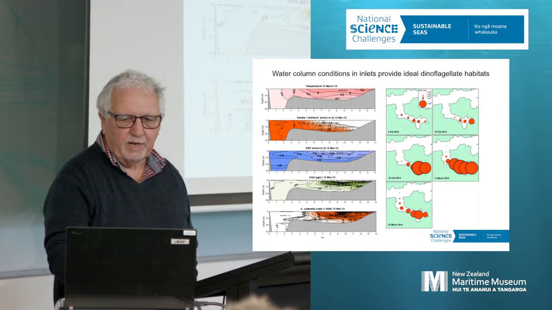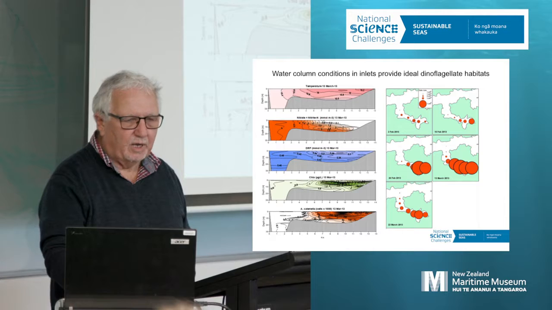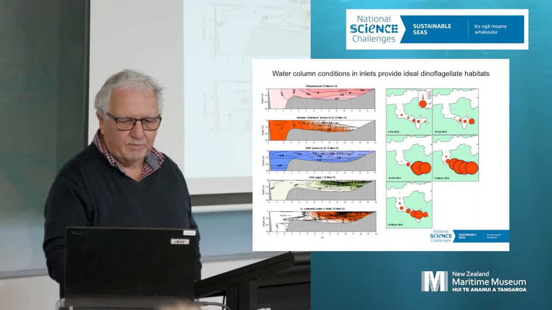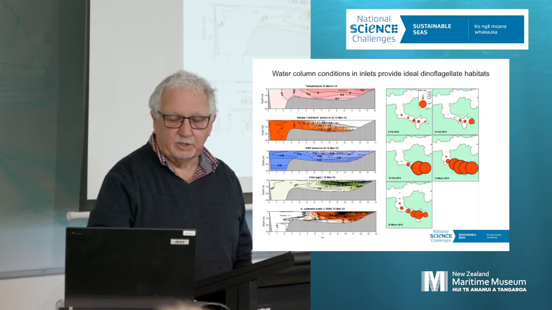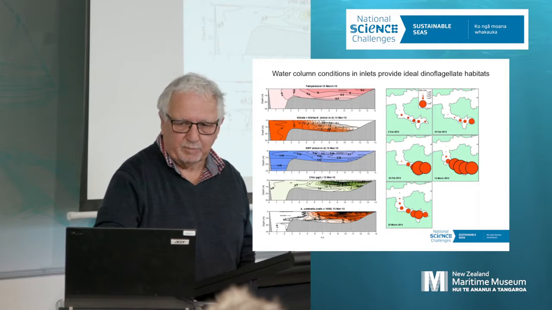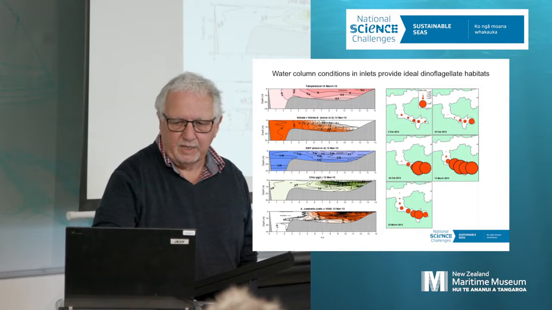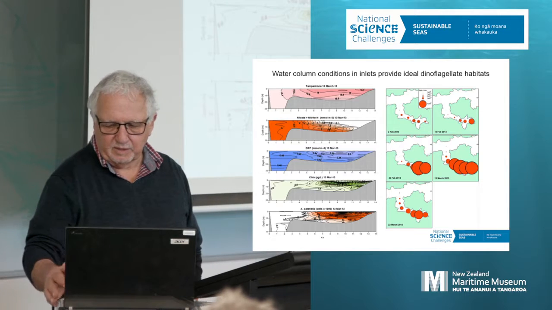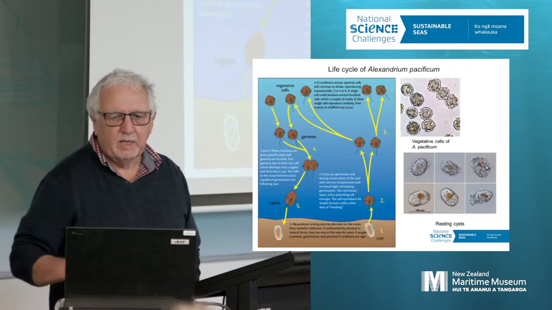So the high nitrate levels influence the inlet. During summer, water column stratification develops ideal conditions for the growth of dinoflagellates, of which Alexandrium pacificum has become a major component, and that's essentially the scenario that takes place.